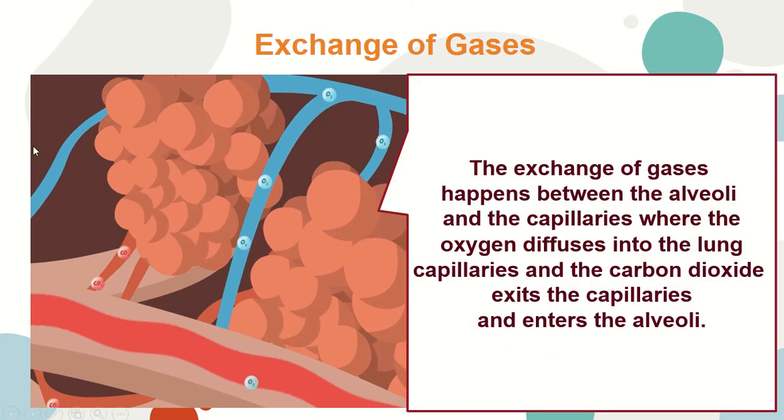As you can see here, this is what we call our alveoli. This is where the exchange of gases, like the oxygen gas and the carbon dioxide, happens. The oxygen diffuses into the lung capillary and the carbon dioxide exits the capillaries and enters the alveoli, meaning the exchange of carbon dioxide and oxygen gas happens at alveoli.